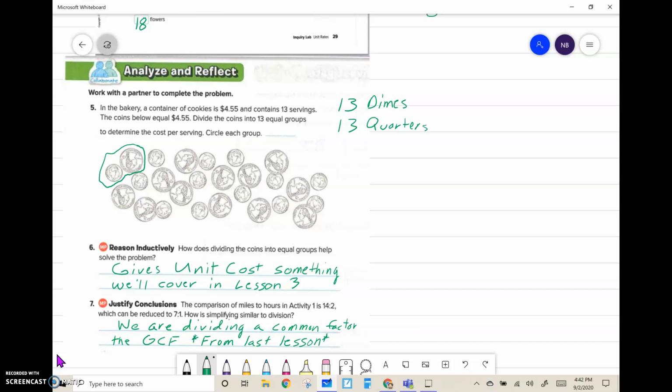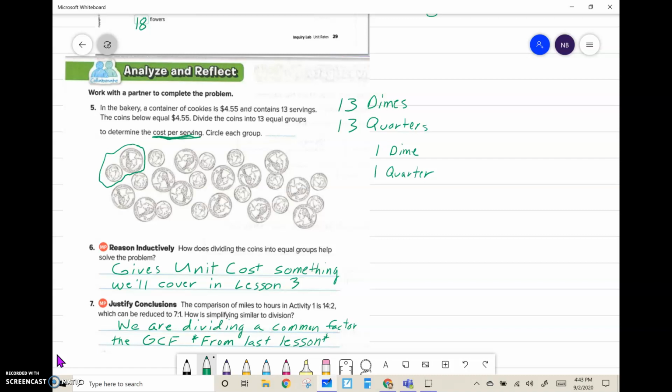They're both the same number. There's going to be 1 dime and 1 quarter in each group, and what they want to do is determine the cost per serving.